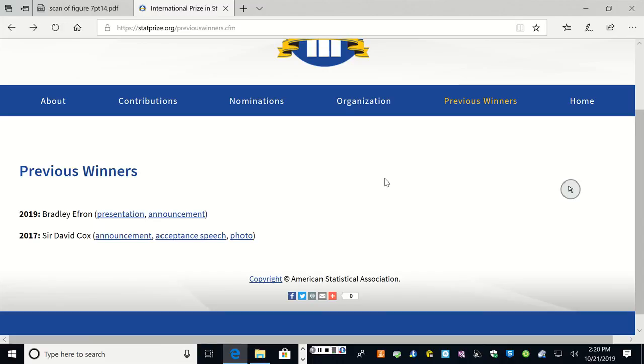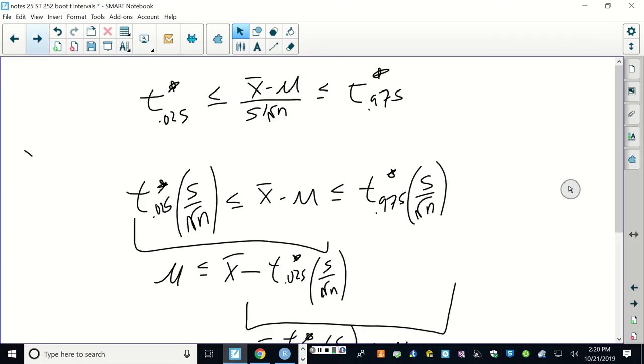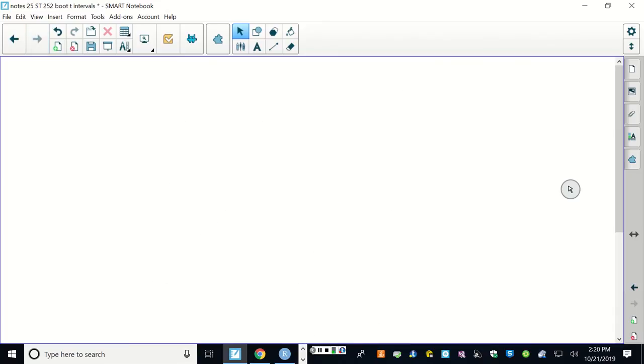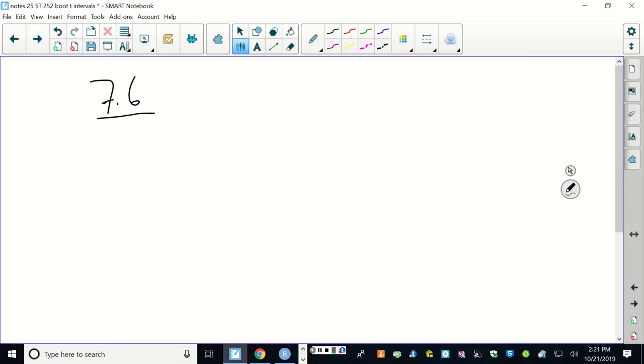I suggest, where is this? Oh, there it is. That's right. That was chapter 7.6, which has some additional discussion of properties of confidence intervals.